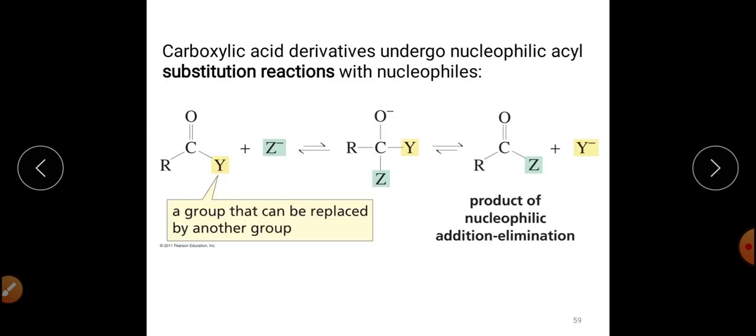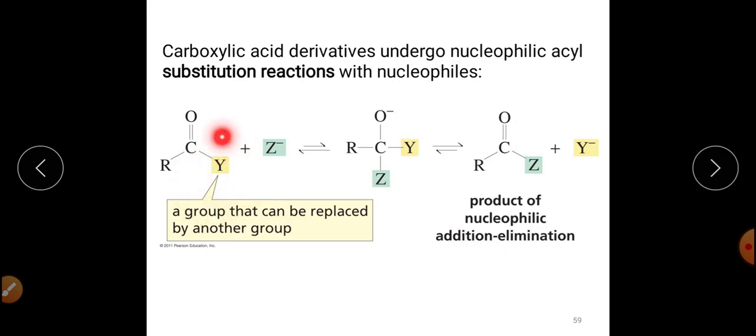Now, how do aldehyde and ketones react? Generally, the carbonyl group containing compounds can have either nucleophilic addition reaction or nucleophilic substitution reaction.